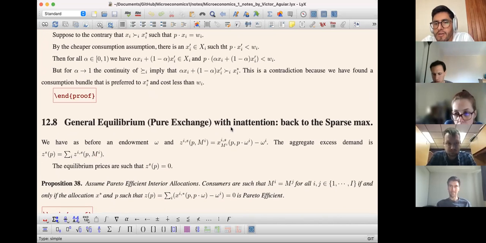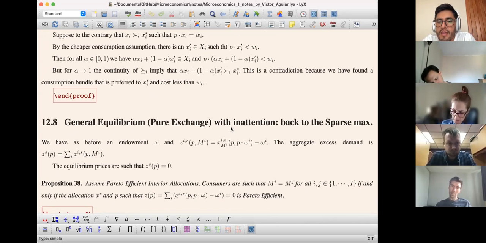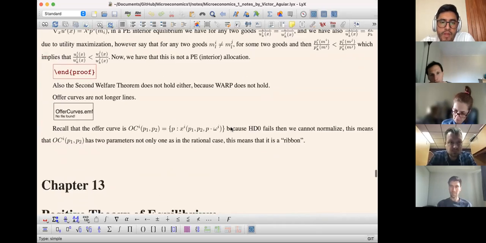For the people interested, this 12.8 is just revisiting the general equilibrium and first welfare theorem, but with the presence of boundedly rational agents. In this setup, there is a boundedly rational agent that has limited attention to prices, and that fact essentially makes the first welfare theorem not hold anymore. Okay, you can read it if you want.